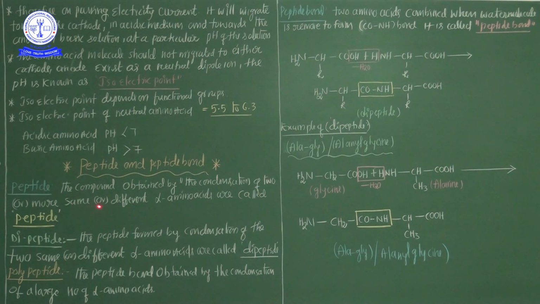Once again, what is a peptide, my dear students? The compound obtained by the condensation of two or more alpha amino acids, same or different amino acids, is called a peptide.